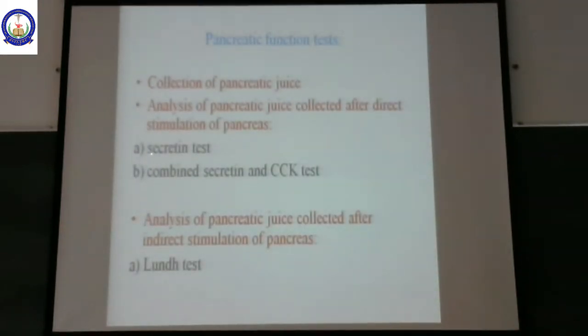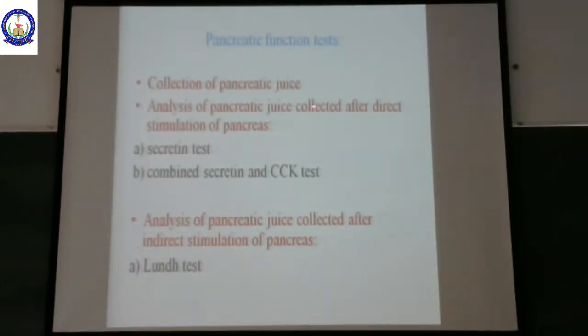Coming to pancreatic function tests, how do we assess the functions of the pancreas? One is by collection of pancreatic juice and measuring how much quantity of pancreatic juice is being secreted. And then analysis of pancreatic juice that has been collected after direct stimulation of pancreas.